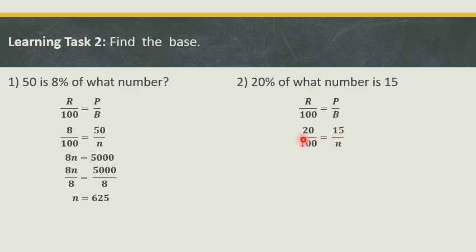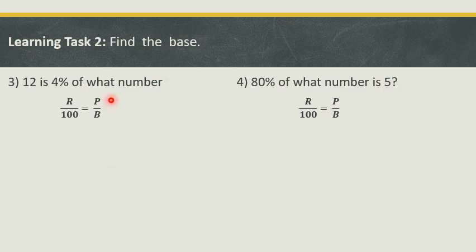So, by substitution, ang R natin is 20, ang P natin is 15, ang B natin is N. Then, cross-multiply, 20 times N is 20N, 100 times 15 is 1,500. Then, saan natin siya i-divide? Sa katabi ng N, which is yung 20. So, divide natin both sides by 20. So, 20N divided by 20 is N. 1,500 divided by 20 is 75. So, 20% of 75 is 15.